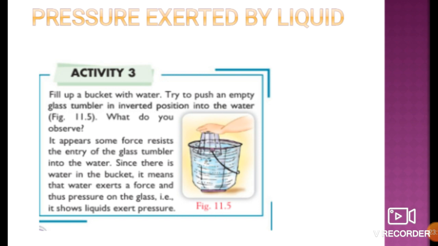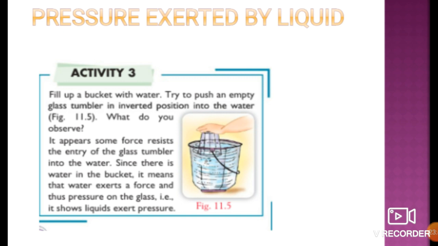So students, this activity is really very easy. You can also do this activity at your home. The glass tumbler, bucket and water are easily available at home. You should not just study these things, study them from a practical view, not a theoretical way.